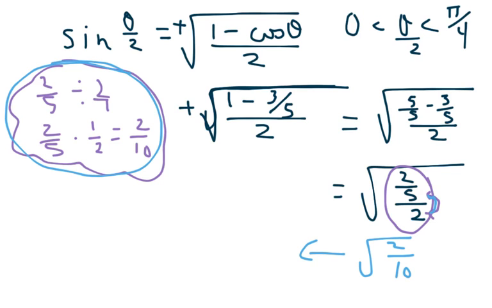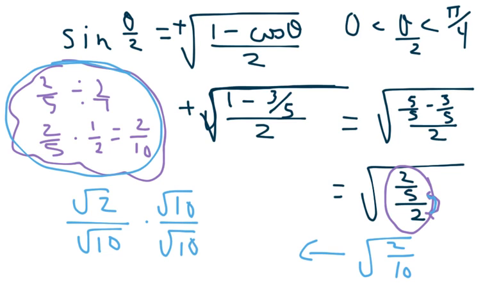Now again, I'm going to work backwards. So this is the square root of 2 over the square root of 10. We have to rationalize the denominator, so we're going to multiply it by root 10 over root 10, which gives us the root 20/10.